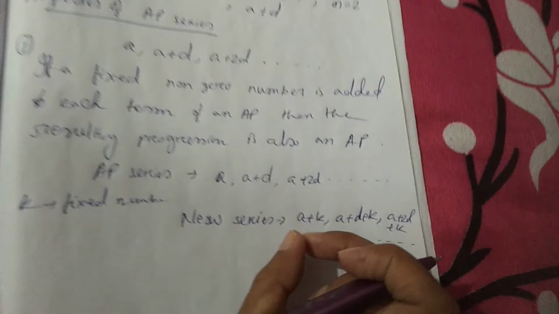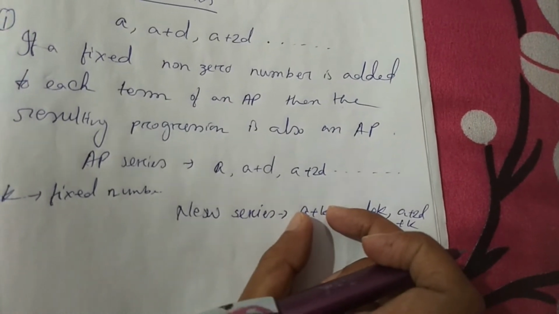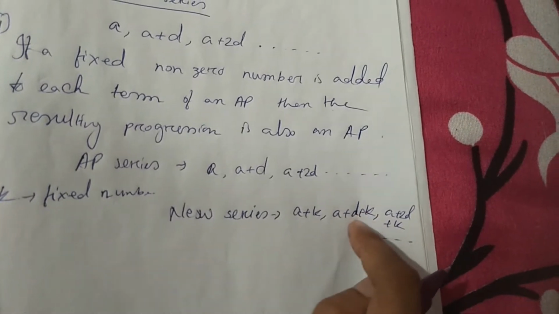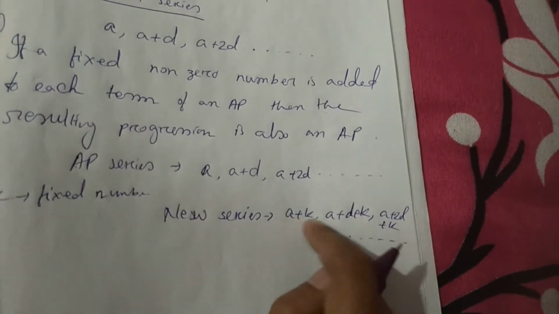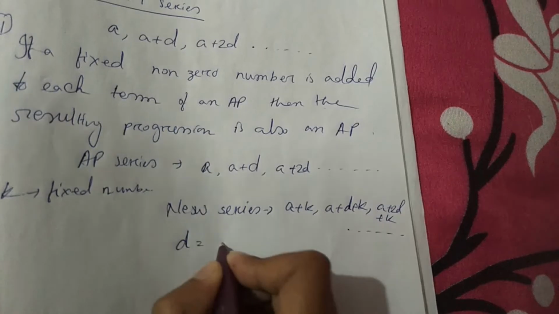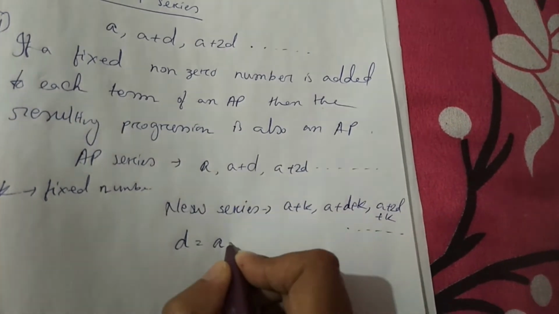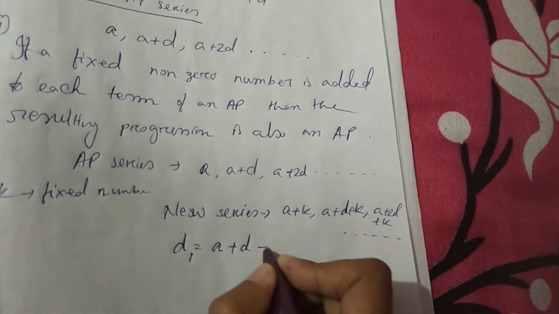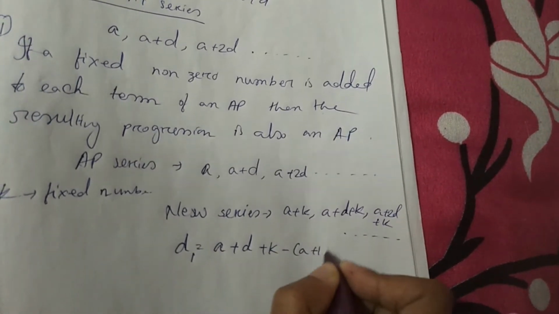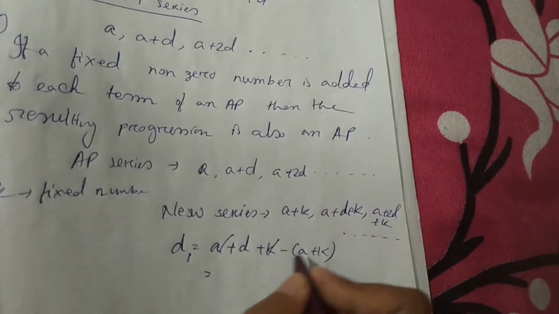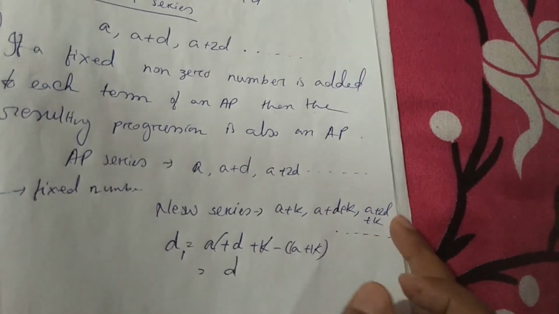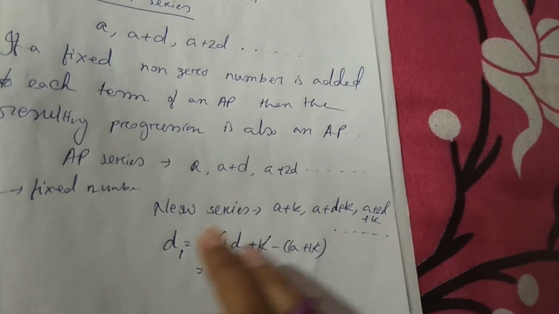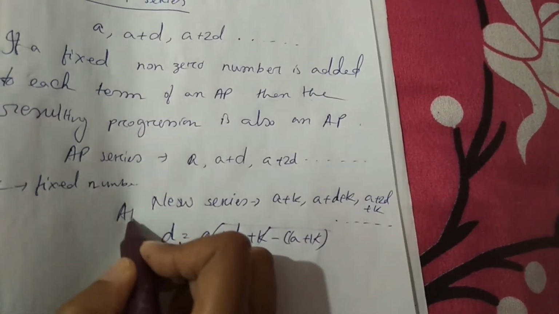So here the first term will be a plus k, and if I subtract a plus k from a plus d plus k, I get d. Here also, if you subtract, you will again get the common difference d. So this series is also an AP series.